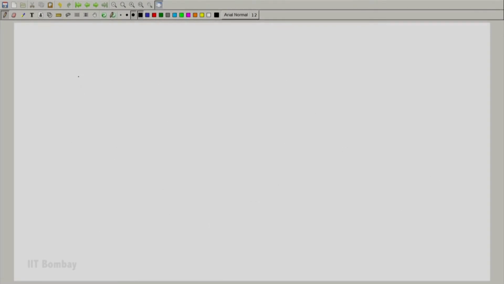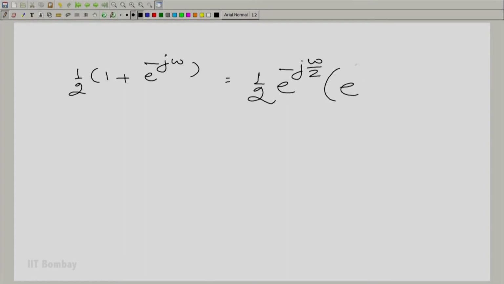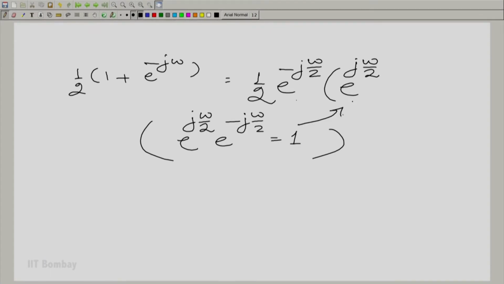So, what is this half into 1 plus e raised to the power minus j omega? I can take e raised to the power minus j omega by 2 common here, and write 1 as a product of e raised to the power j omega by 2 into e raised to the power minus j omega by 2, which is equal to 1.